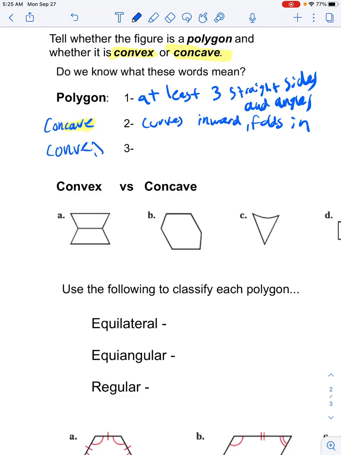Whereas convex, it curves outward. So all the vertices are outside of our shape. So I'm going to add that. You might have at least one vertex inside your shape for concave, whereas in convex, it's curving outward, and all vertices are on the outside.